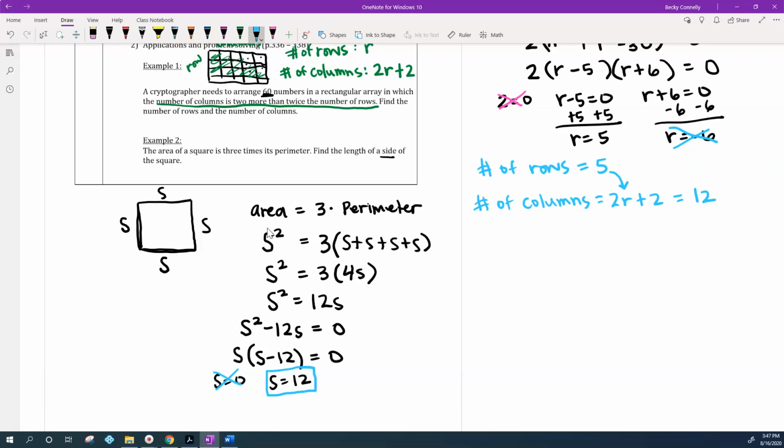If I do the area of that, that's the answer, but just to check our answer, well, 12 times 12 is 144. And then if we did the perimeter of it, 12, 12, 12, 12, that's 12 times 4 is 48, but remember it said the area was 3 times the perimeter, and 3 times 48 also gives me 144.